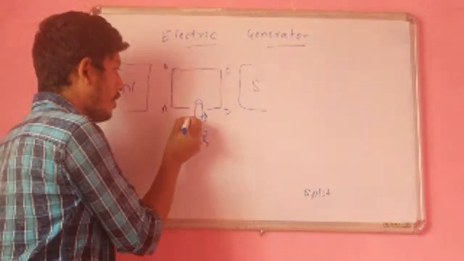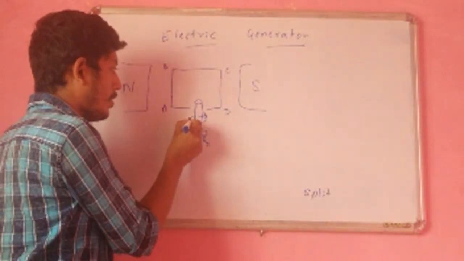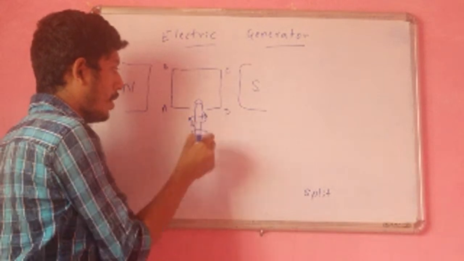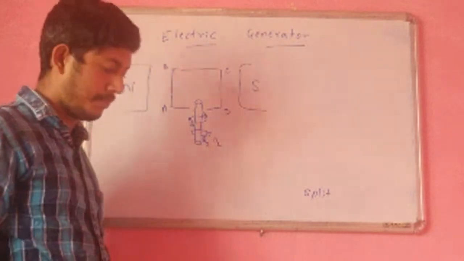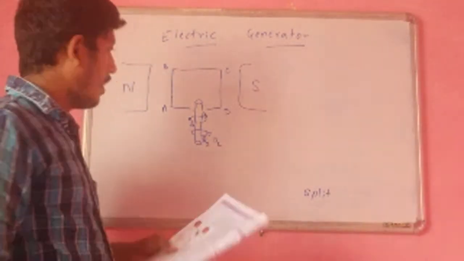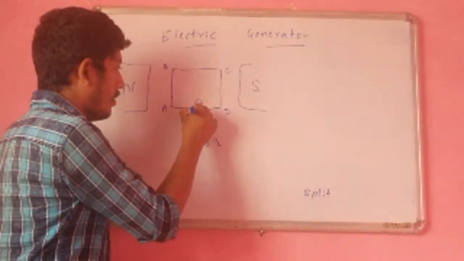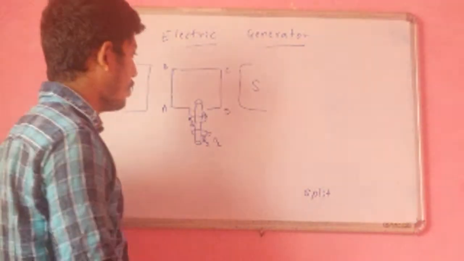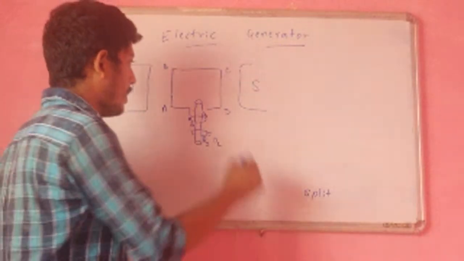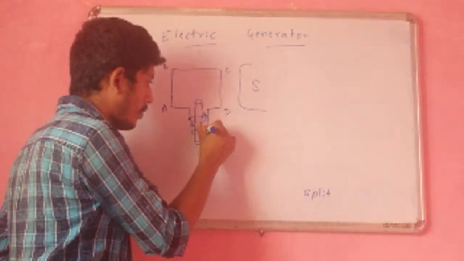For R1 the connected brush is B1, for R2 the connected brush is B2, and the armature is connected to the brushes B1 and B2.